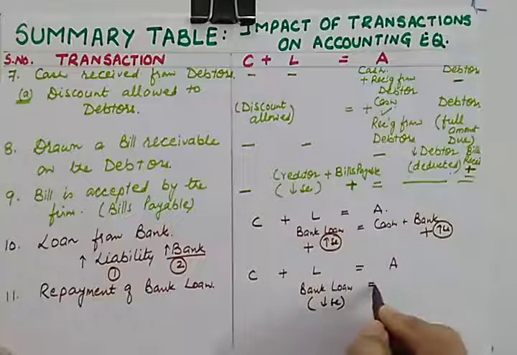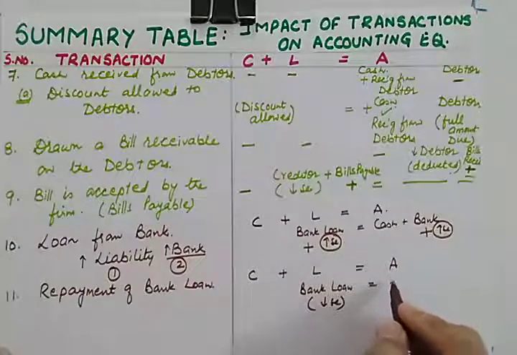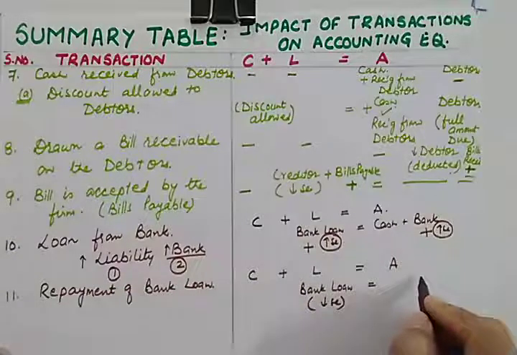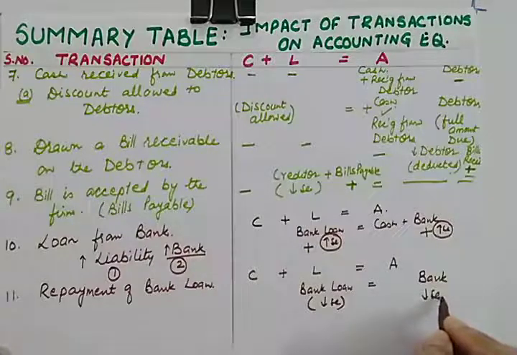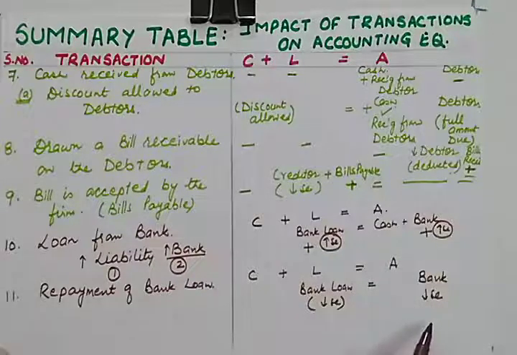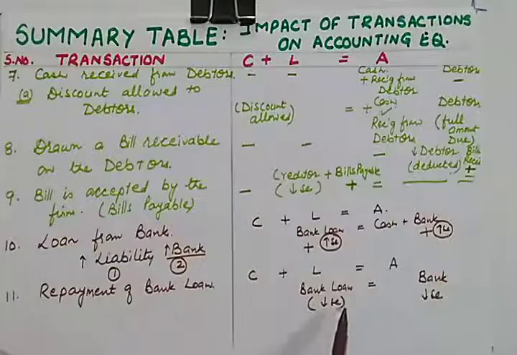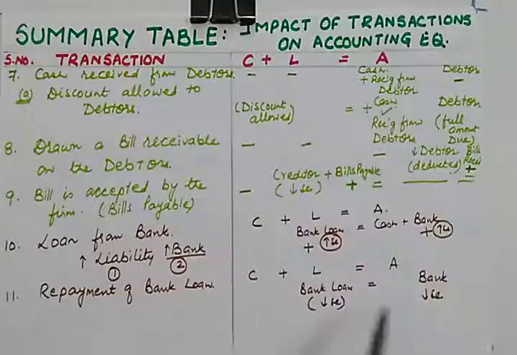And if you are repaying in cash, that will be mentioned in the numerical, otherwise you will reduce your bank balance. So bank balance will be reduced, and bank balance is your asset, and bank loan will be reduced, your liability will be reduced. So I hope this is also clear to you. You have no issues, no problem in this case.